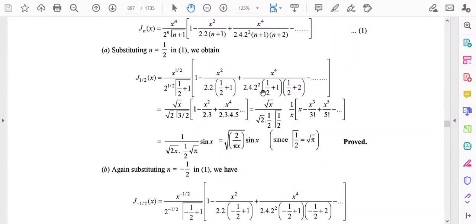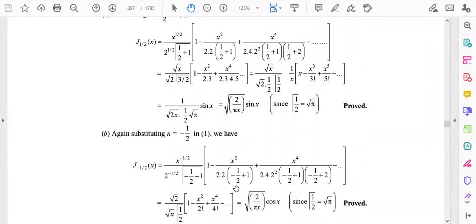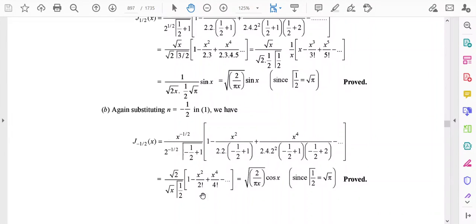They used this expression for the calculation in the next example. So for n equal to minus half, it is advised to use this expression, and then it is very easy to calculate the terms. Ultimately we show that the terms in the third bracket give cos x. So J minus half x is equal to root over 2 by pi x into cos x.